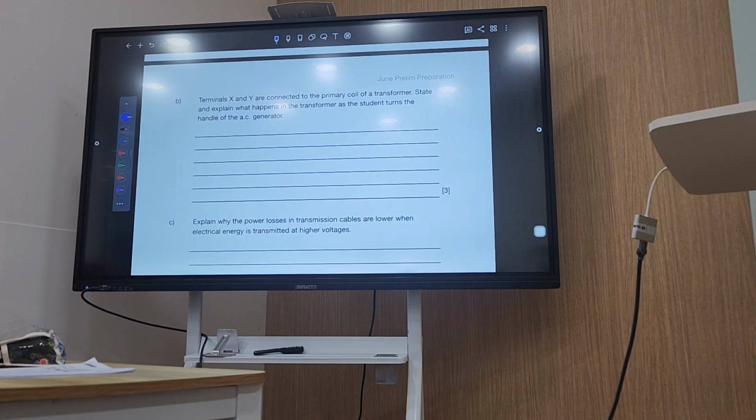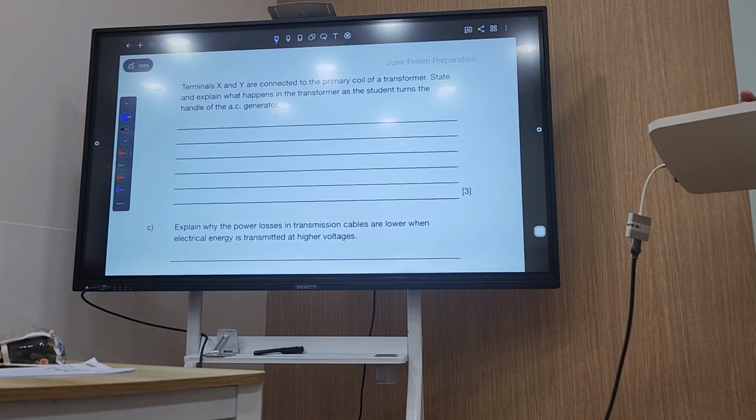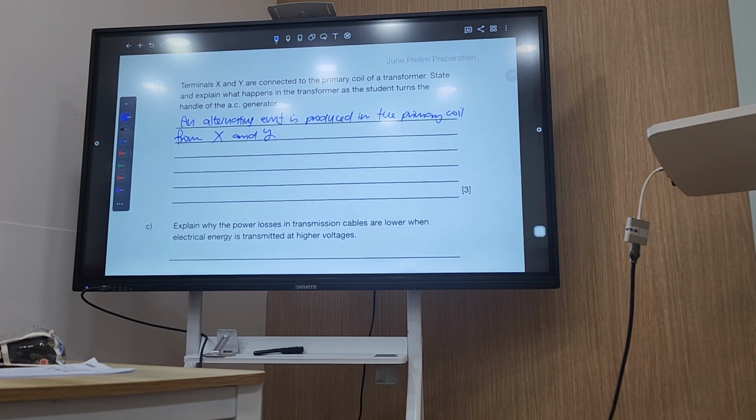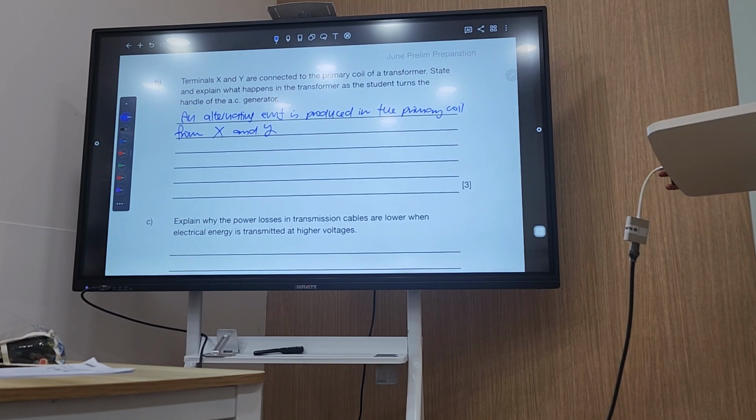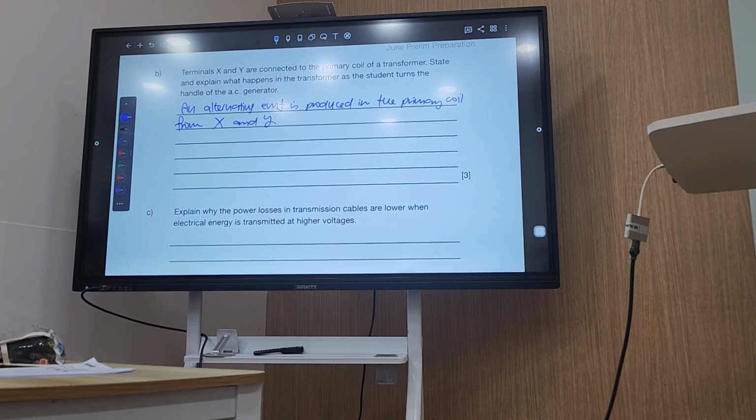Yes, indeed, an alternating EMF is induced, an alternating EMF is produced in the primary coil from X and Y. Then with my alternating EMF, we also have to mention the formation of a changing magnetic field.